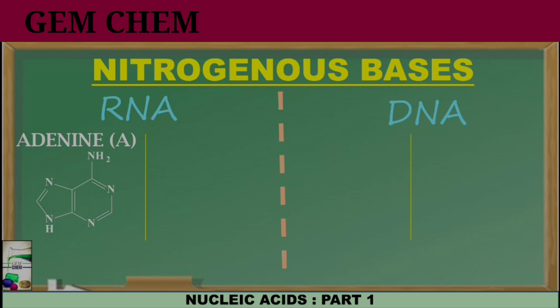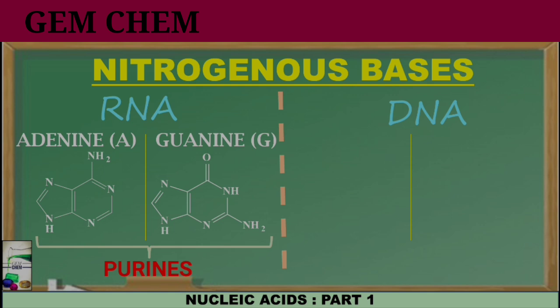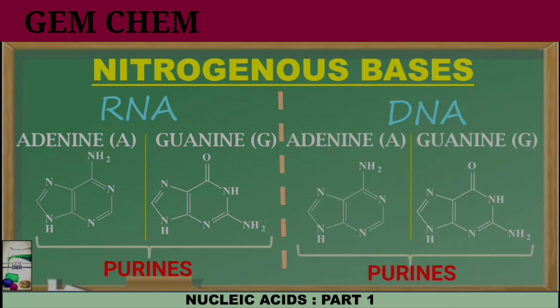Another one is guanine. So, guanine has the structure like this, where we have a double bond oxygen, NH and NH2. These 2 bases are purine bases, and these same purine bases are present in case of DNA. No change occurs for these nitrogenous bases. So, these are the purine bases for DNA.